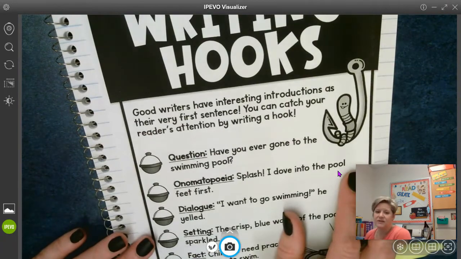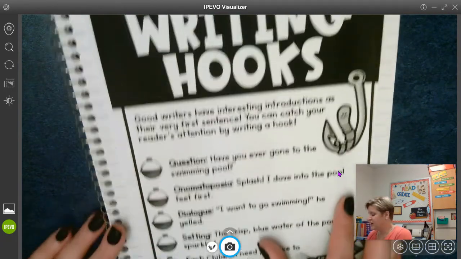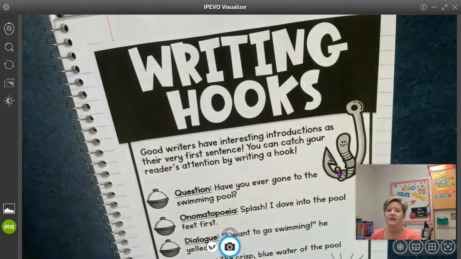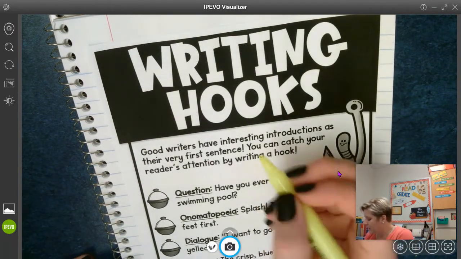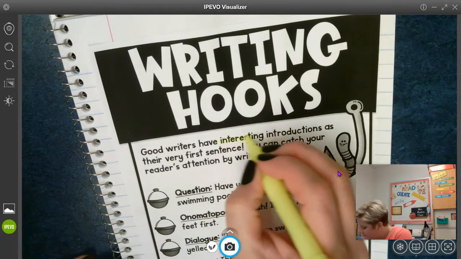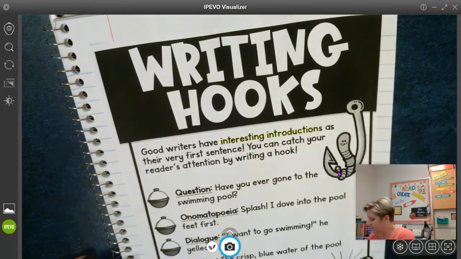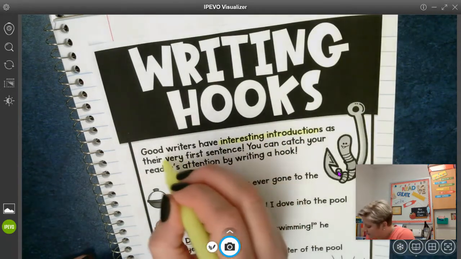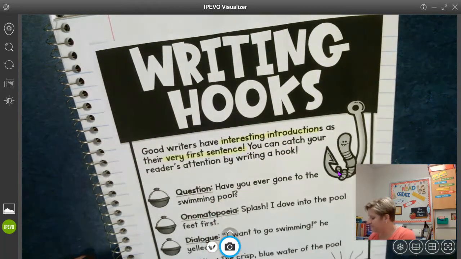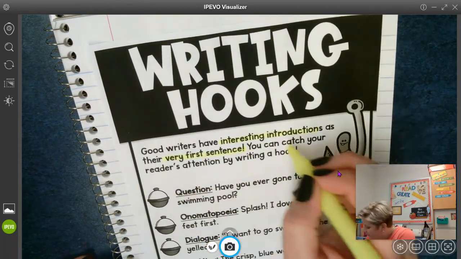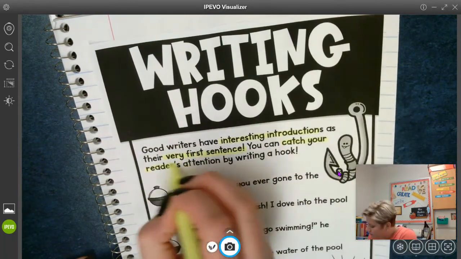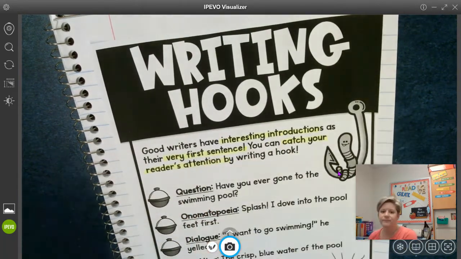Okay, so let's look at that little definition of what a writing hook is. A writing hook is an interesting introduction as your very first sentence. You're trying to catch your reader's attention.